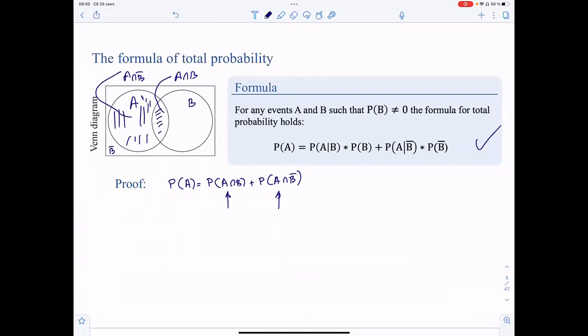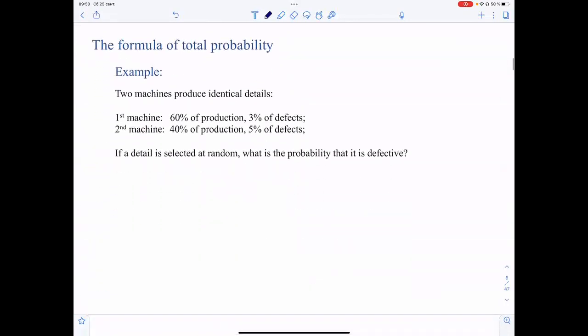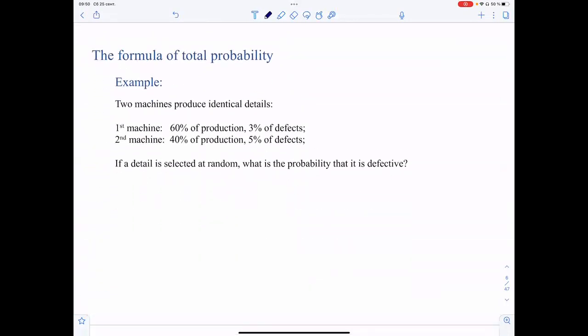Good. Now let's practice it. And here's a problem. I took this problem from the UL examination, hopefully it was 2006 or 2008, I guess. So we have two machines, all right? And they are producing some details, some stuff.